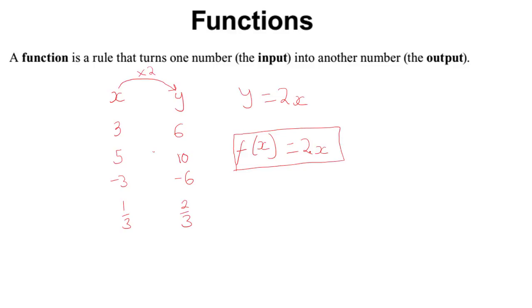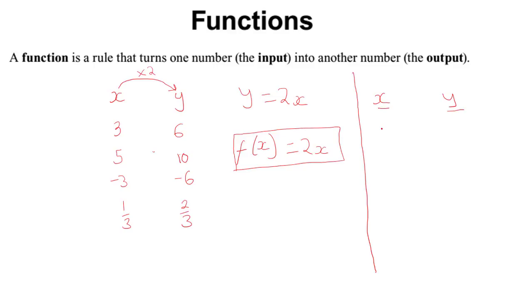Another function could be different. It could be a function that, say for example, just adds a number to the input. Here the input is x, and the output is y.